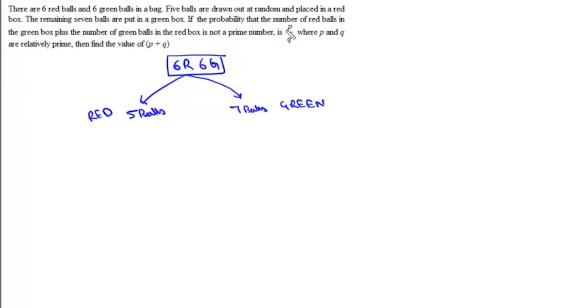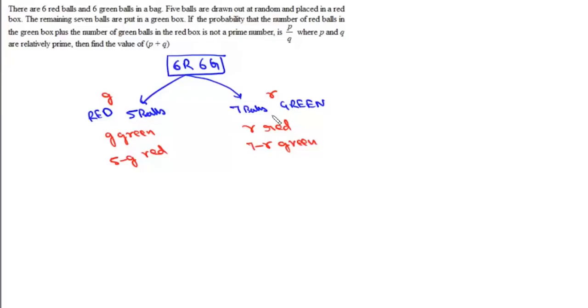Now it says the probability that the number of red balls in the green box, so suppose the number of red balls in the green box is R and the number of green balls in the red box is G. So in the red box we have G green and 5 minus G red, whereas in the green box we have R red and 7 minus R green balls.